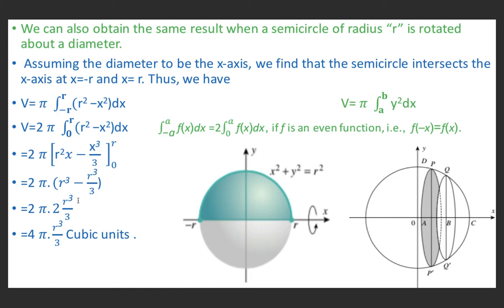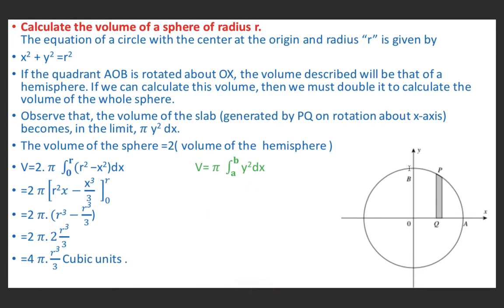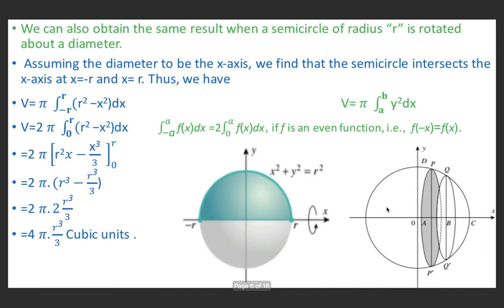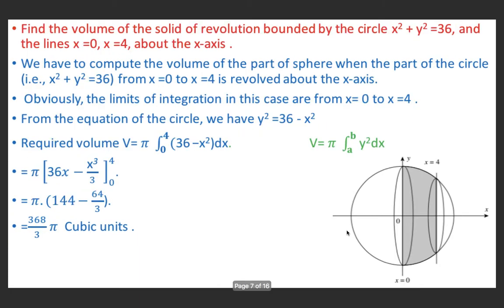So we can consider the rotation of the portion in the first quadrant and calculate the volume and then double it, or rotate the semicircle around the diameter. So both the cases are correct. You may choose any method.